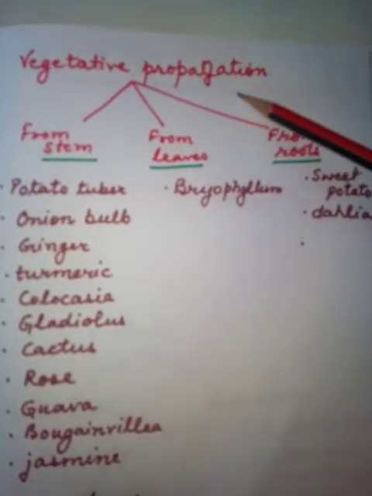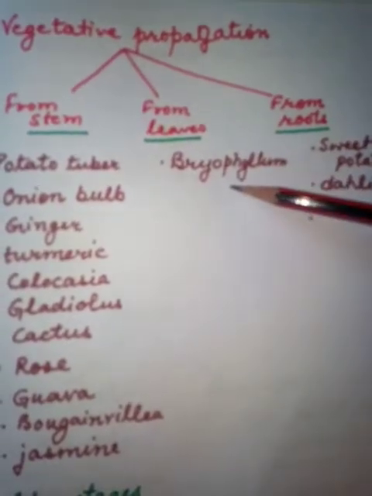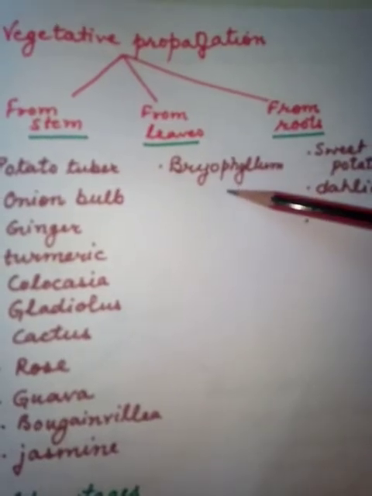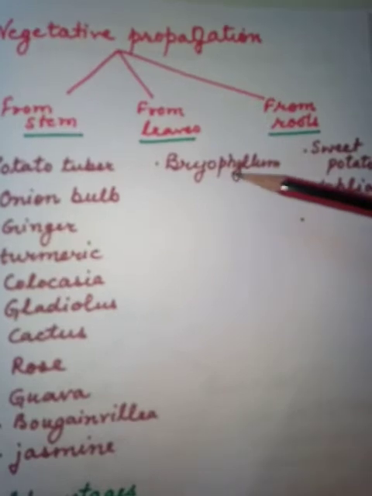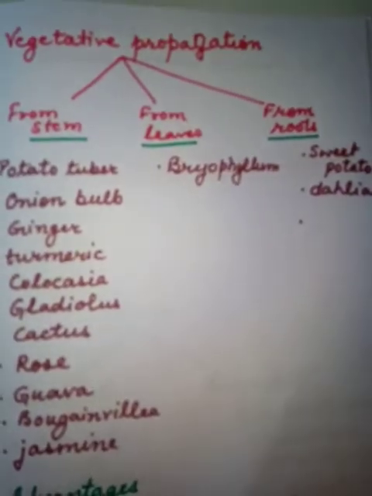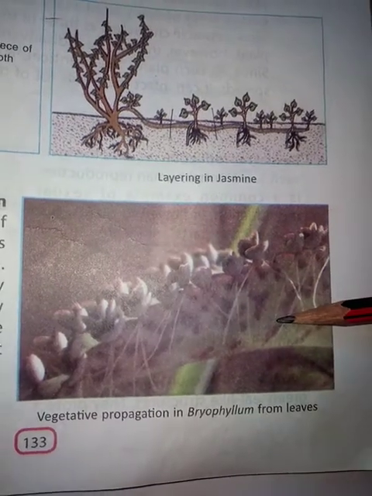Next we have vegetative propagation from leaves. Example is Bryophyllum. Bryophyllum is a plant in which leaves can produce new plants. Let us have a look on this plant. This picture is given in your books.